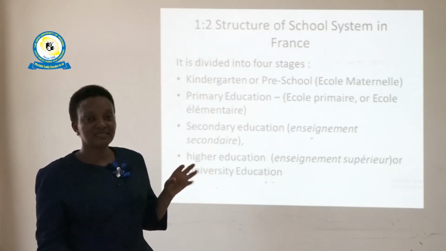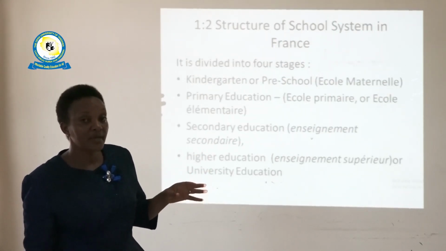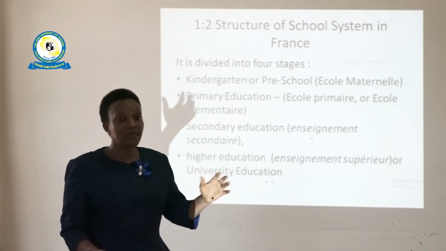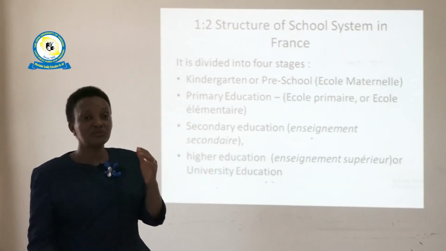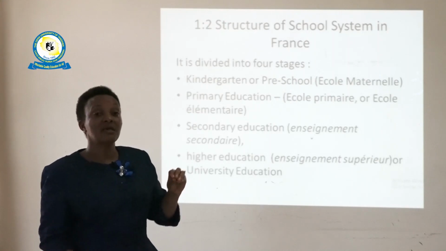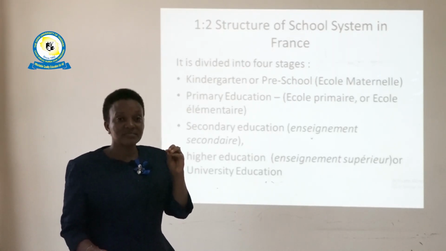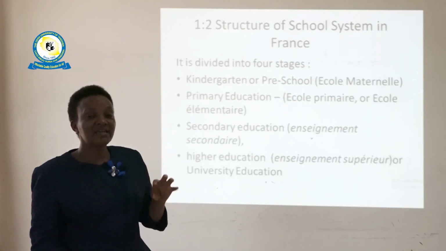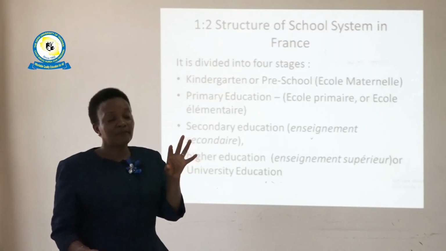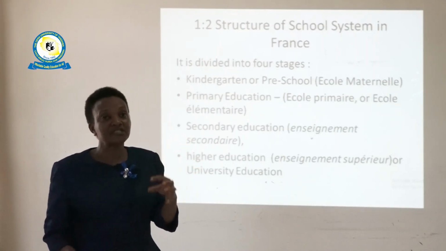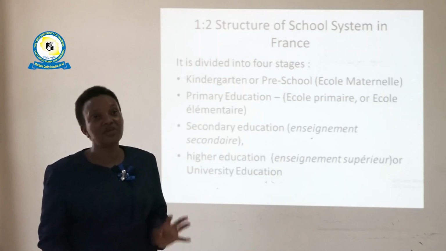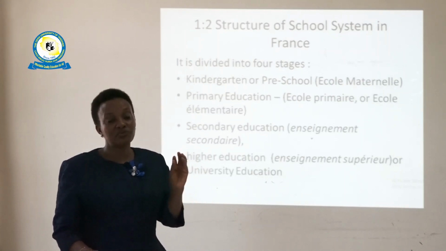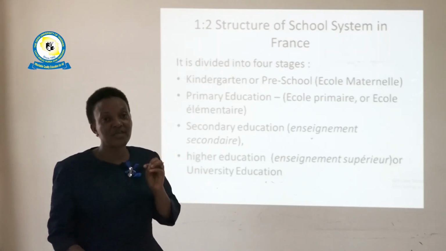Now, what was the structure of the school system in France? You need to stick to the idea that the education system of France is marked by the French Revolution of the 18th century, which made education accessible to every individual.